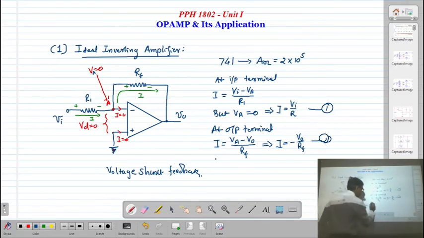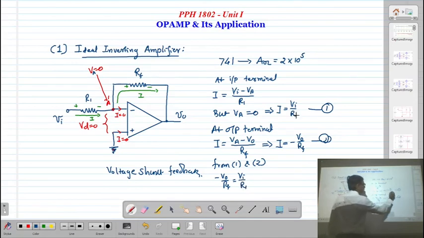And from 1 and 2, we can write minus VO by RF is equal to VI by R1.